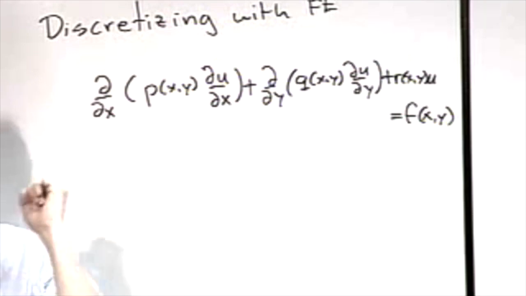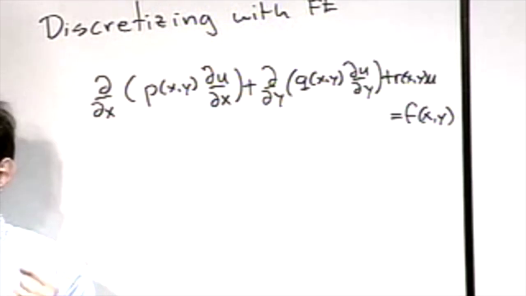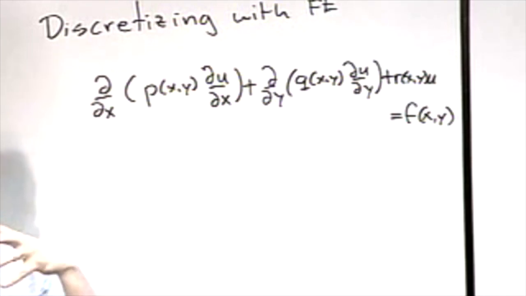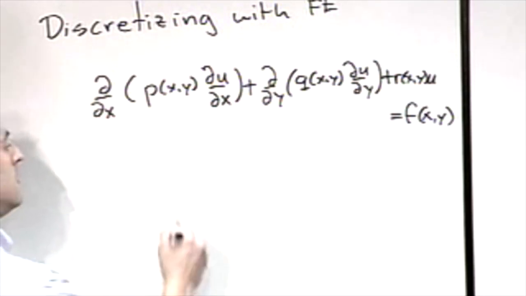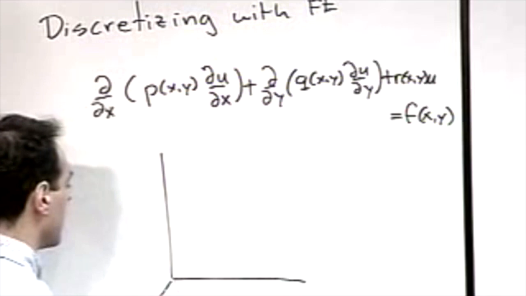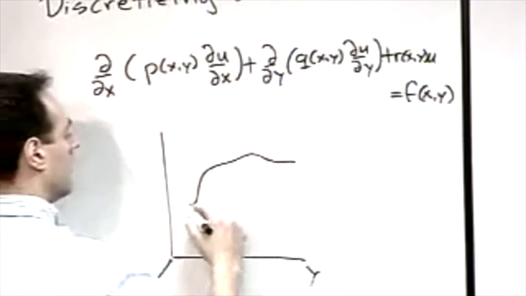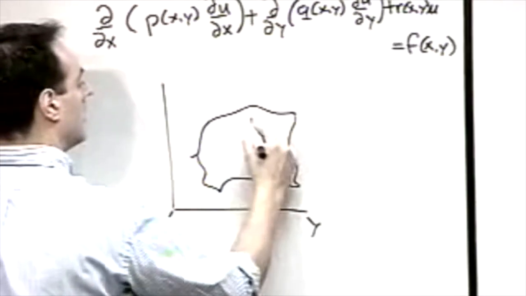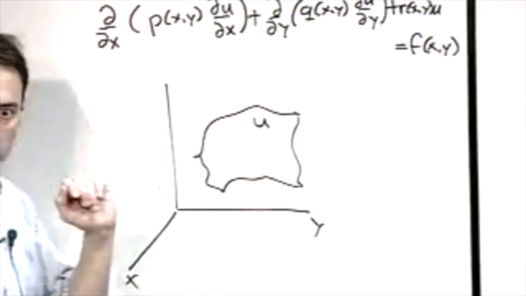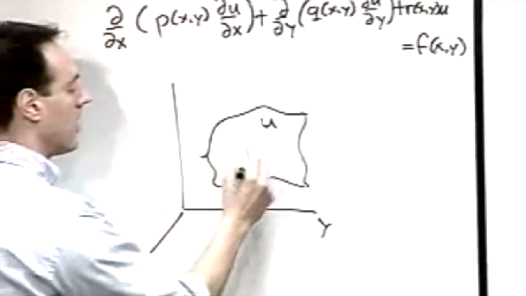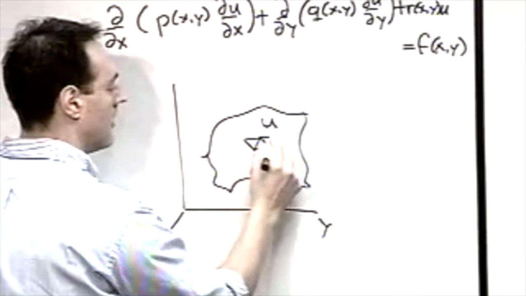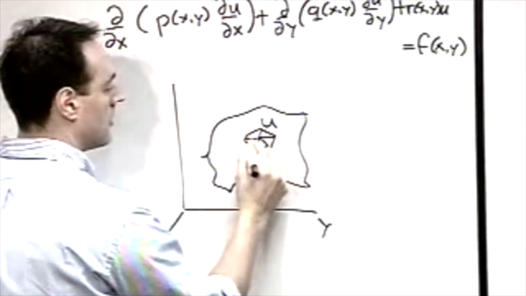Now, one of the things that comes up right away when you try to solve this problem is that last time we talked about approximating these solution surfaces, right? Here's x, here's y, here's a solution surface u. What we're going to do is approximate this solution by patching together little triangles.